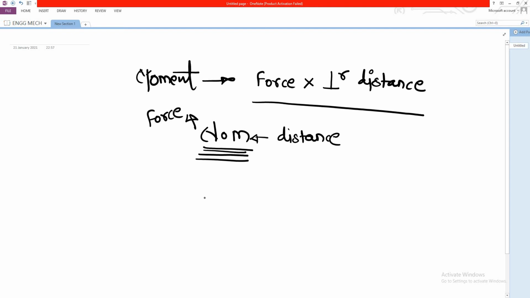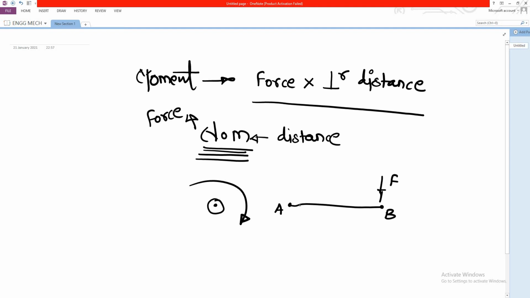Now what does a moment create, what is the output of moment, what is the behavior of moment? It is something that creates rotary effect. For example, let's say we have this bar AB, and we are applying a force F over here.